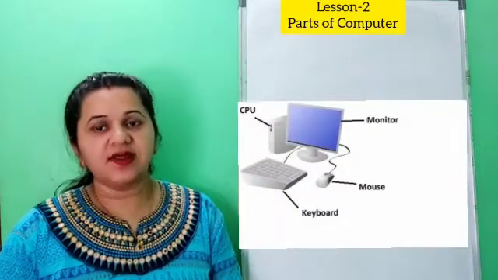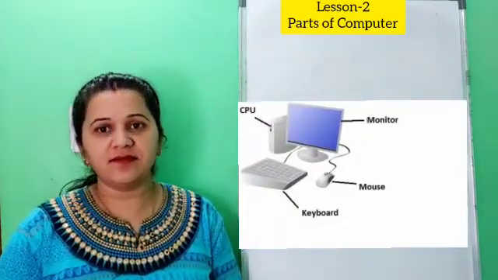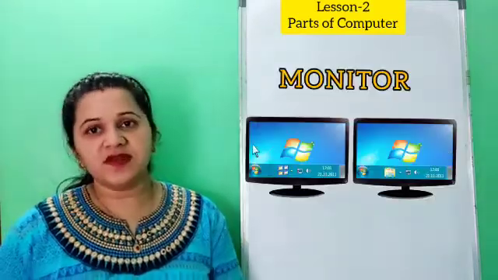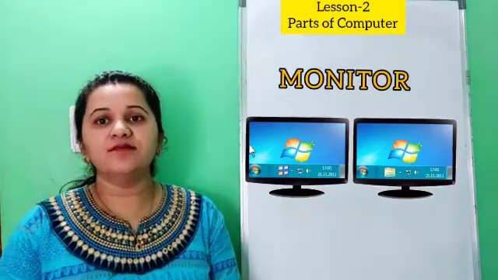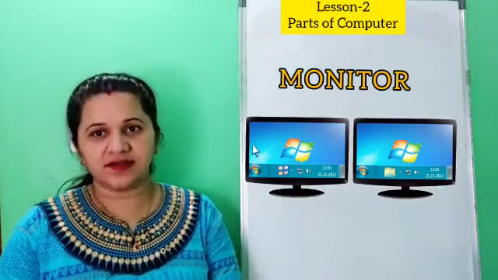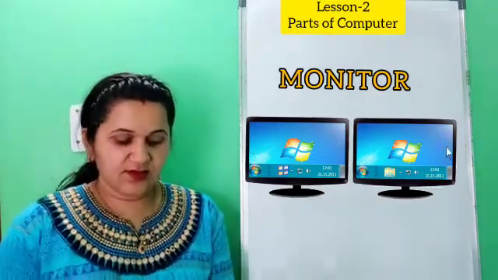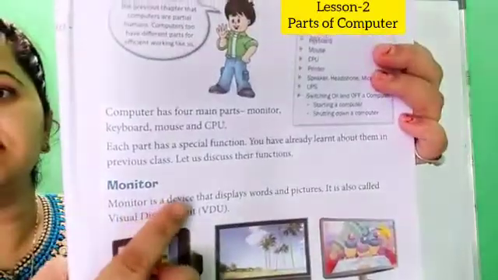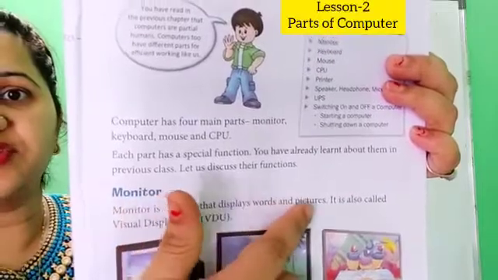So children, now let us study about them one by one. Okay, now children, here the first part is monitor. M-O-N-I-T-O-R, monitor. Now children, monitor is a device that displays words and pictures.